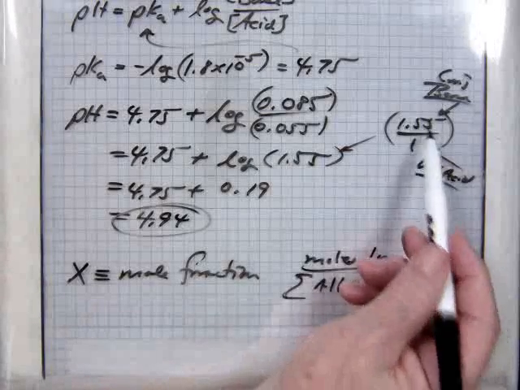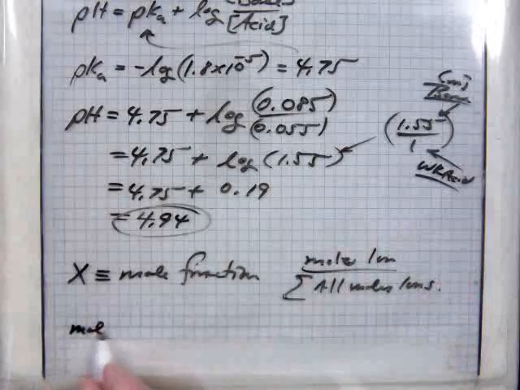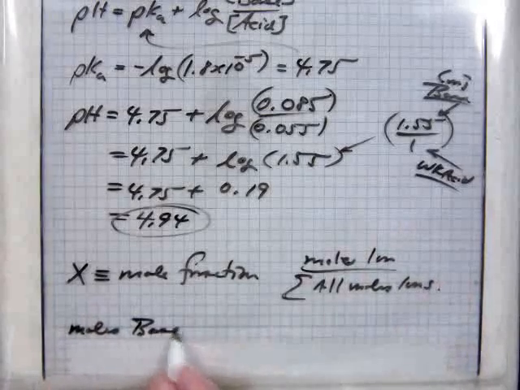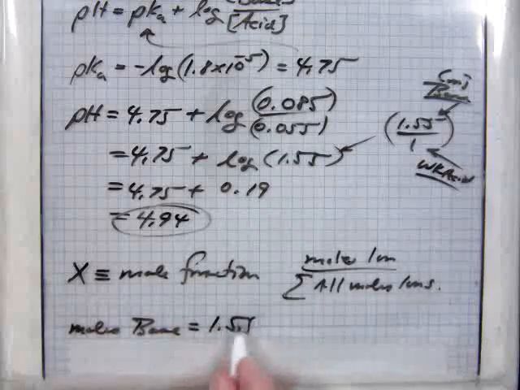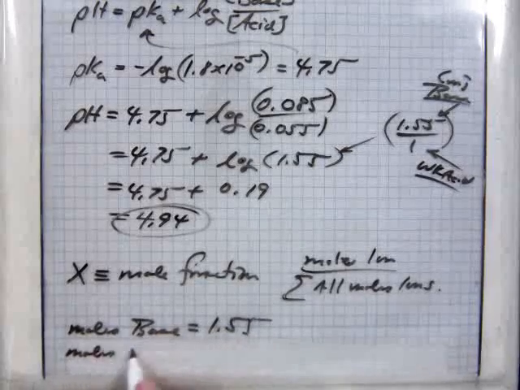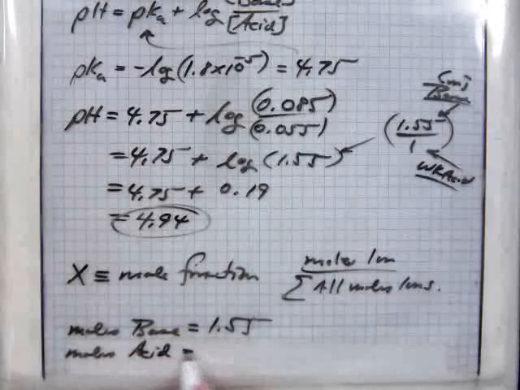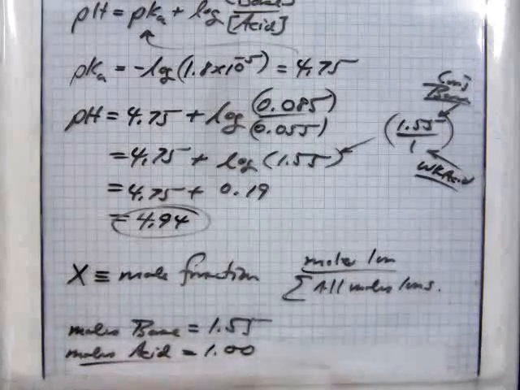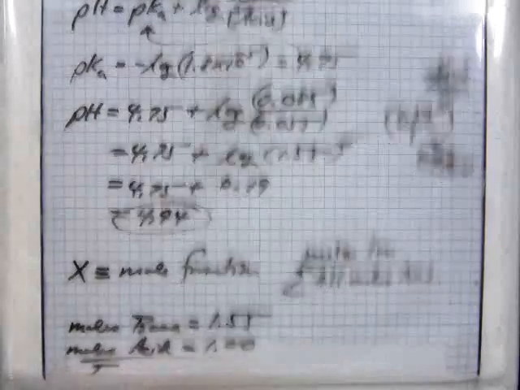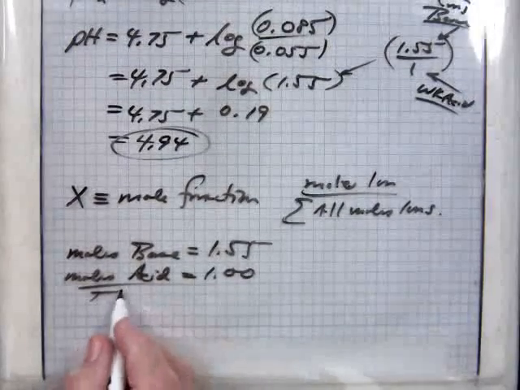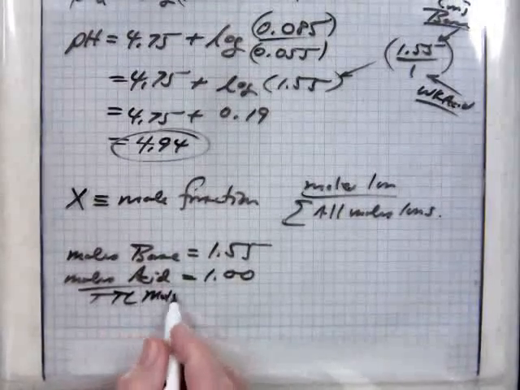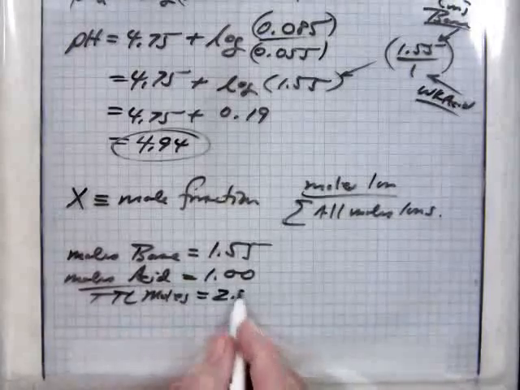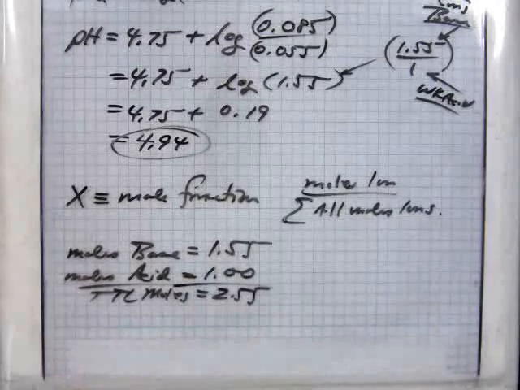So what we're looking at here is moles of base is equal to 1.55. Moles of acid is equal to 1.00, with the total moles to equal 2.55 when you add them together.